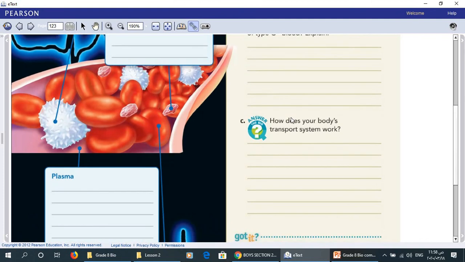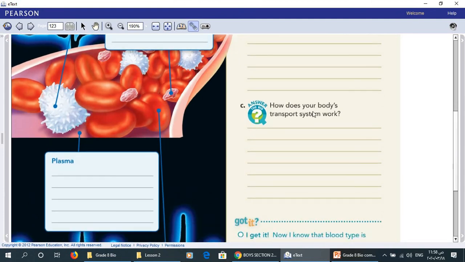Last question. How does your body's transport system work? I will explain quickly.